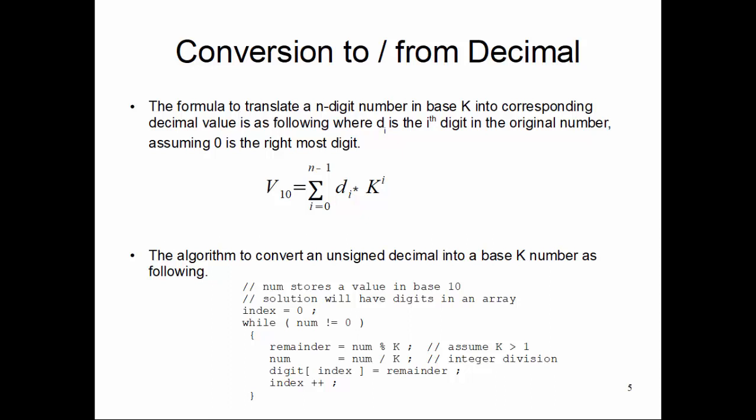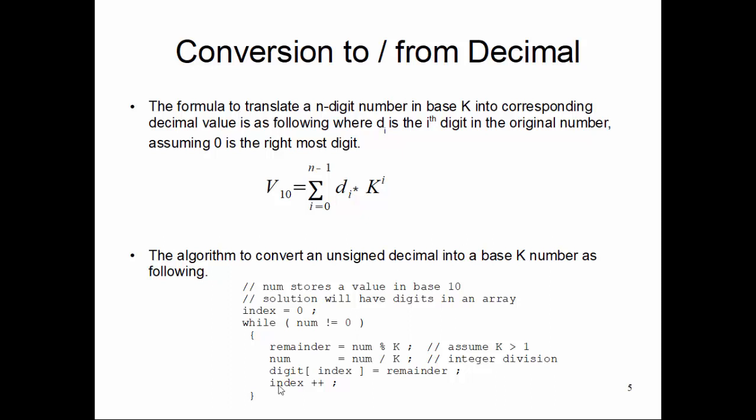For example, in the hexadecimal number system, 0 to 9 have corresponding decimal values as they are: 0 is 0, 1 is 1, 2 is 2, etc. After that, A, B, C, D, E, F, these 6 symbols have corresponding decimal values of 10 to 15, that is 11, 12, 13, 14 and 15. All right. So these are the decimal values for the symbols that we need to know for the target number system which we want to convert to.